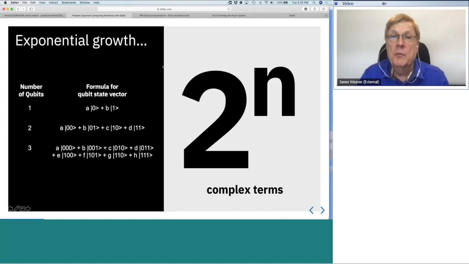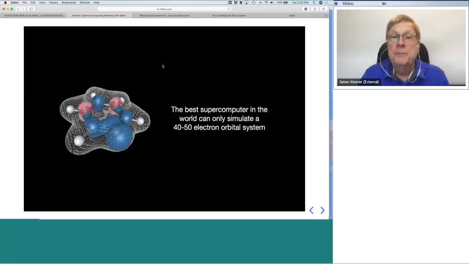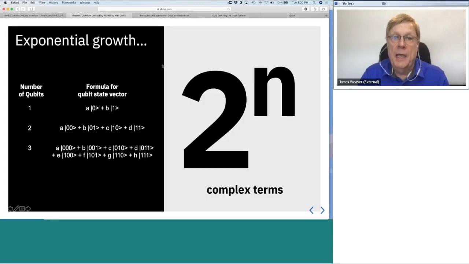Right now, we can't really do a good job of simulating nature past about 40 or 50 quantum particles, or let's say 40 or 50 electron orbital systems. And that is because every time you add a quantum particle, you double the size of the state space. And with a classical computer, you run out of memory after about 40 or 50.